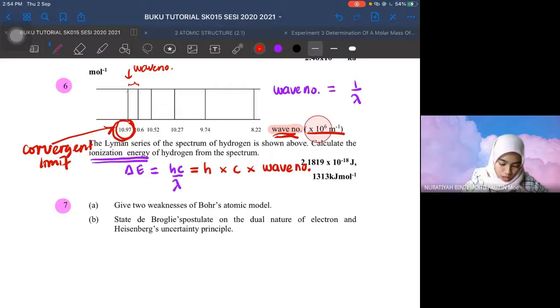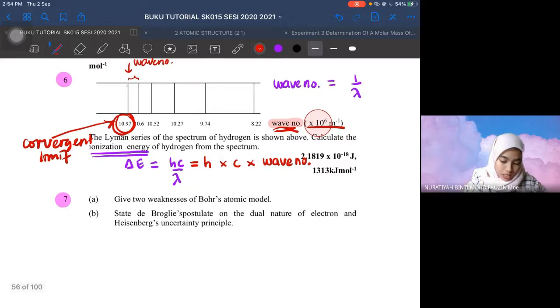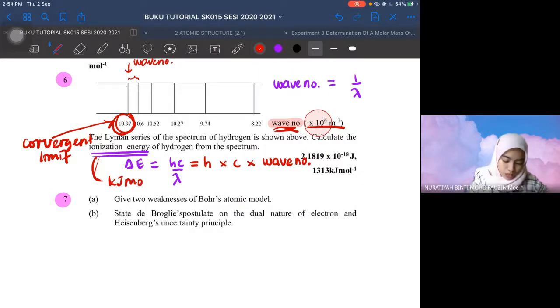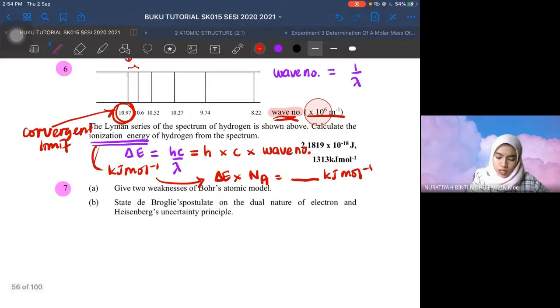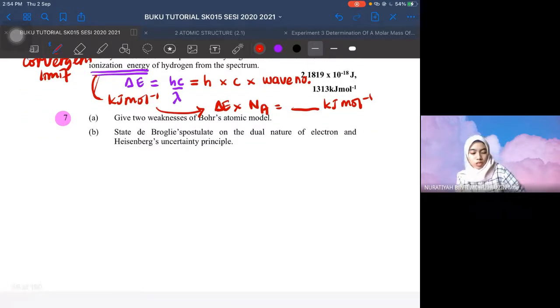So, masukkan yang tu and you will get your delta E. Okay, tu dapat delta E. Tapi ionization energy, dia mesti dalam kilojoule per mole. So that means awak punya delta E kena times with Avogadro constant. Okay, baru dapat jawapan dalam kilojoule per mole. Alright, I mean dapat dalam joule per mole lah pasal tukar jadi kilojoule per mole. Okay. Okay, number 7. Give 2 weaknesses of Bohr atomic model.